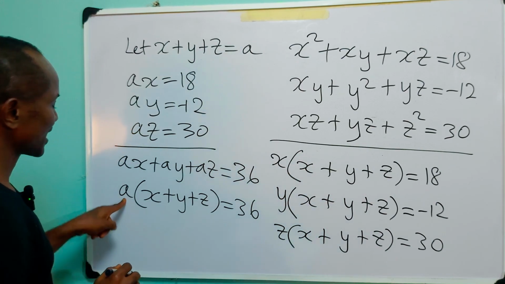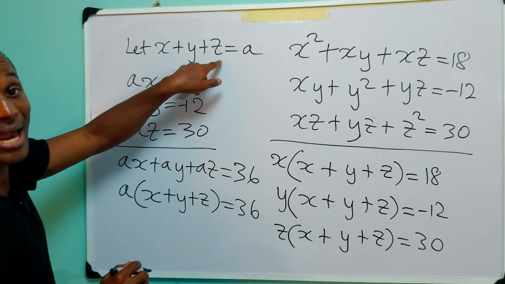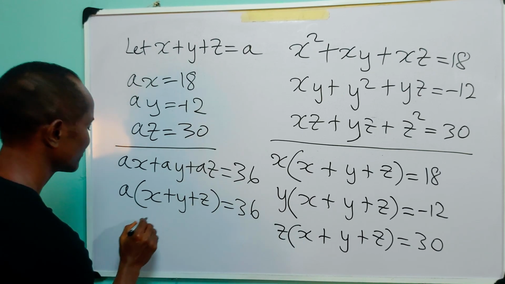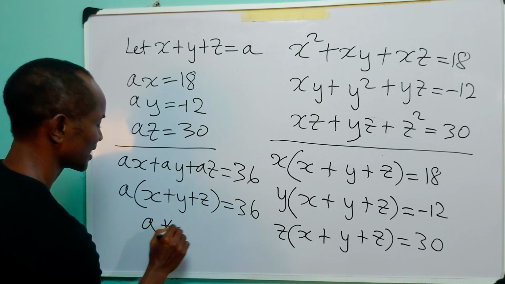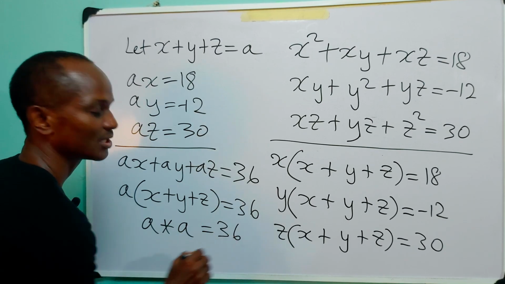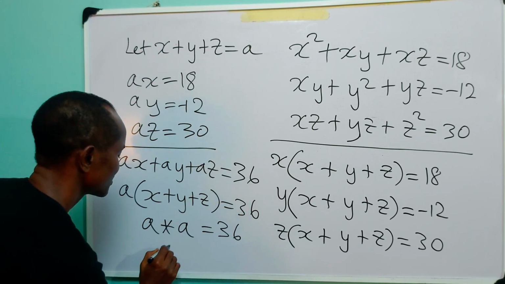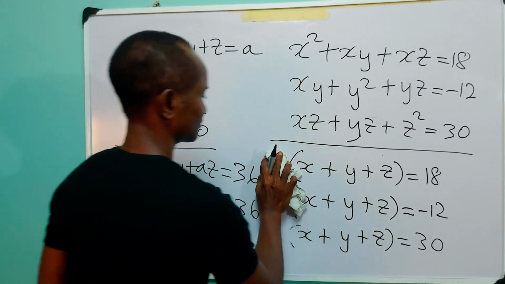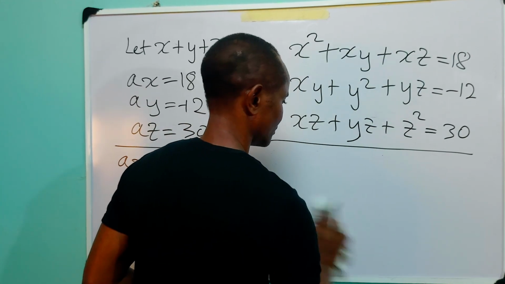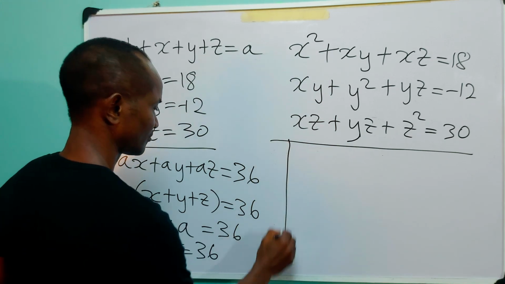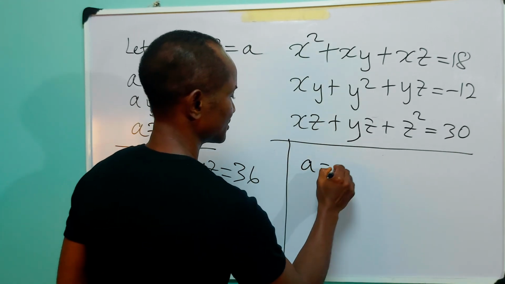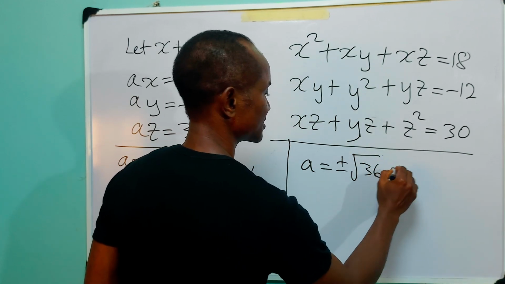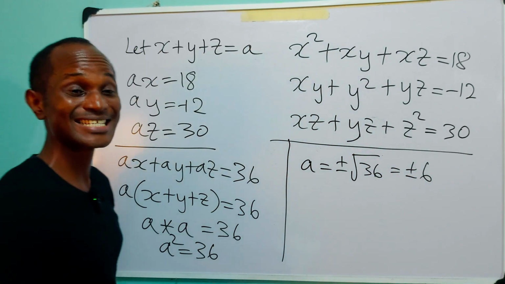But then by definition, we have that a is equal to x plus y plus z. So we have that a times a is equal to 36, which gives us that a squared is equal to 36, and that a is equal to plus or minus the square root of 36, which is equal to plus or minus 6.